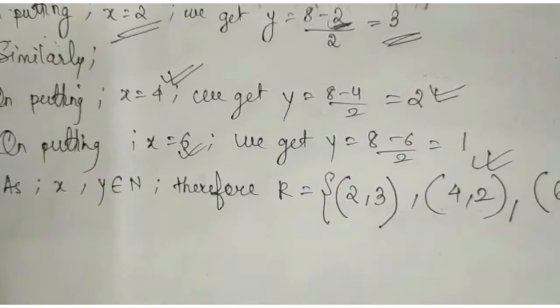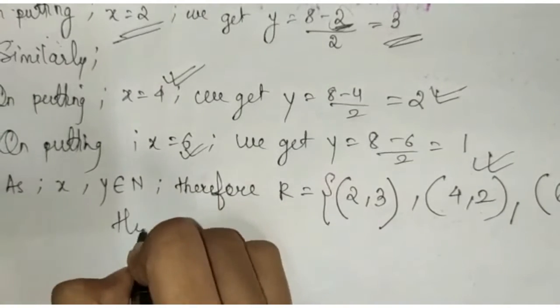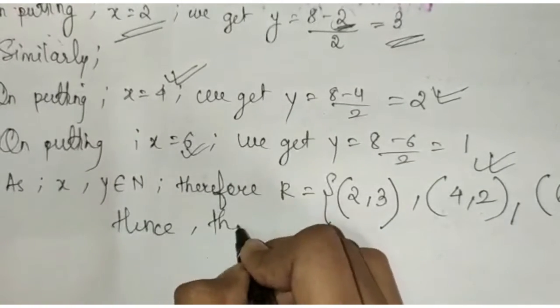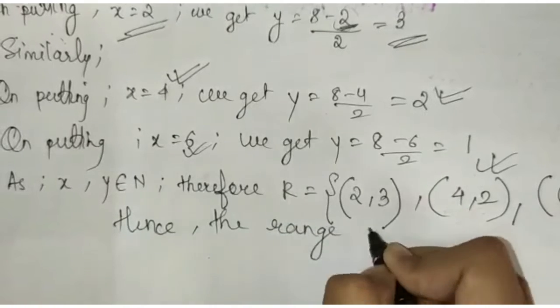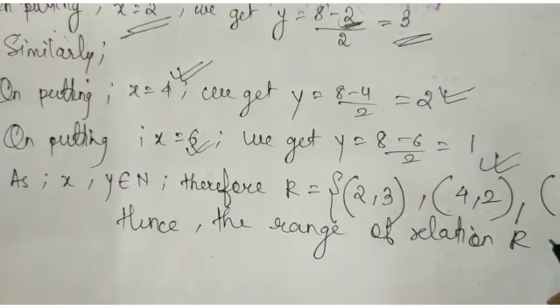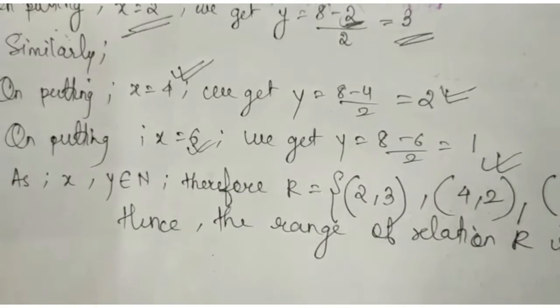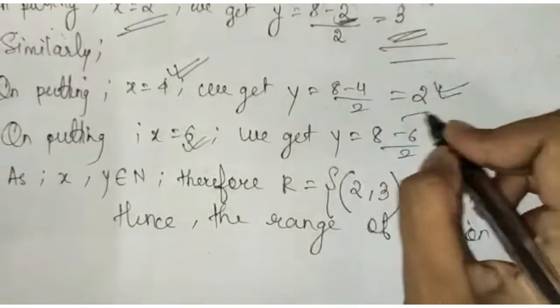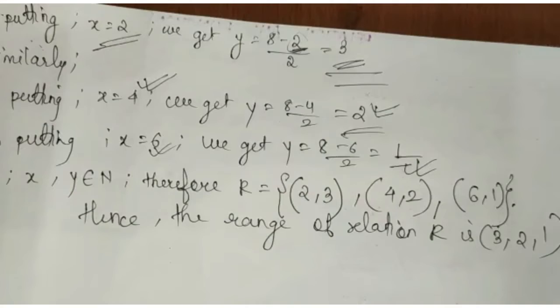So hence whatever you have found, what will be your range? Hence the range of relation R will be {3, 2, 1}. These values are your range.